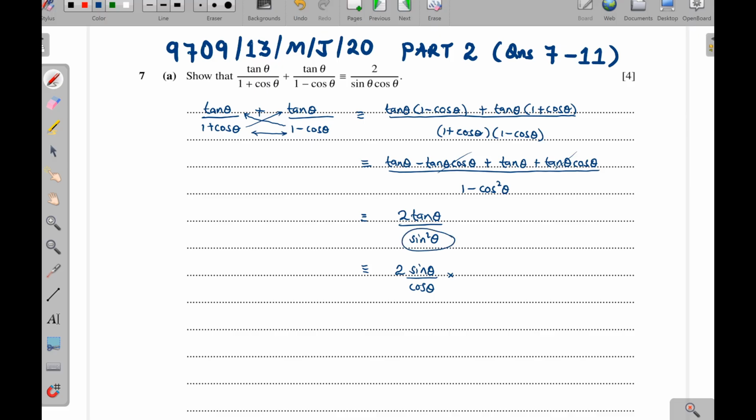Then times, there is sine squared theta here, so we shall have 1 over sine squared theta. Now here, this sine will cancel with 1 sine here, and then we shall remain with 2 out of cosine of theta times 1 sine of theta that remains there. And this is exactly what they have told us to prove. So that is that.